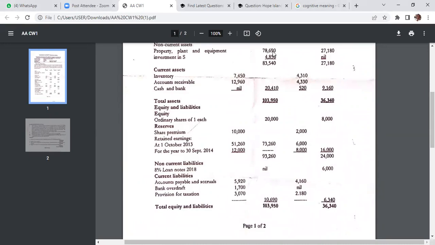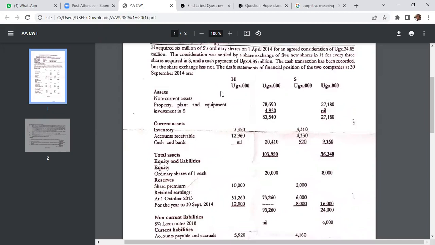So the first 2 columns are for H, then the next 2 are for S. So retained earnings, they say that at 1st October 2013, that's the beginning of the year, you had 51,260. Then they said for the year, keyword is for the year, meaning what happened during the year, they had 12,000 and it's positive, hence profit. So you add the 2 to get the retained earnings at the end of the year. Yeah, so that's why you're adding the 2. I hope I've answered you.